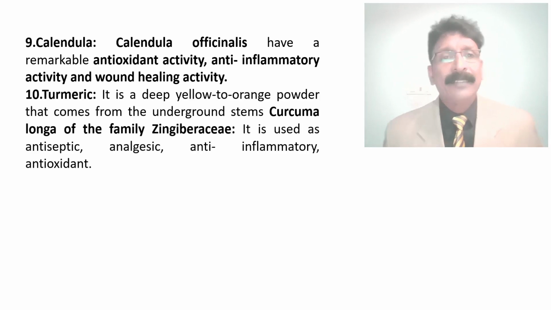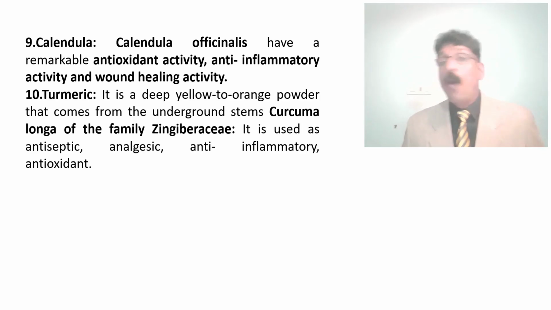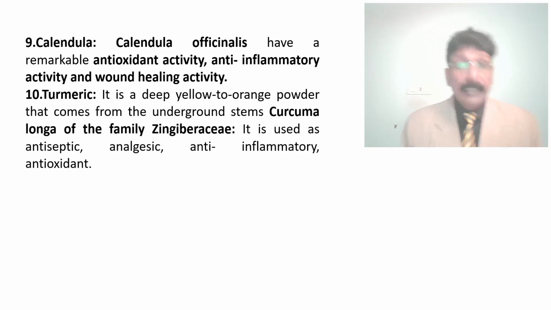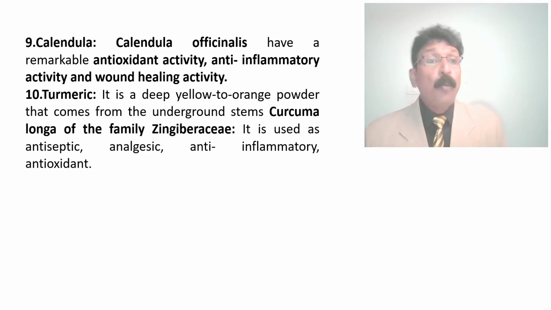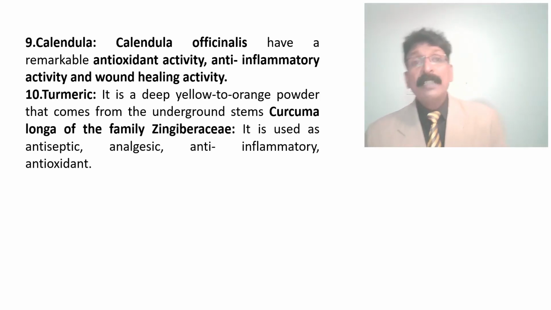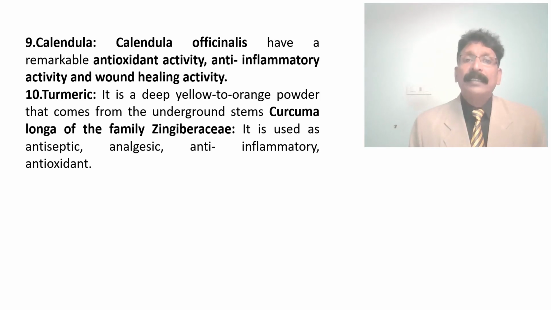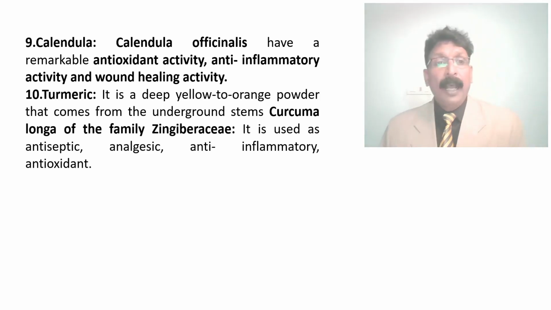Turmeric, it is a deep yellow to orange powder that comes from under the stem of Curcuma longa of the family Zingiberaceae. It is used as an antiseptic, analgesic, anti-inflammatory and antioxidant.